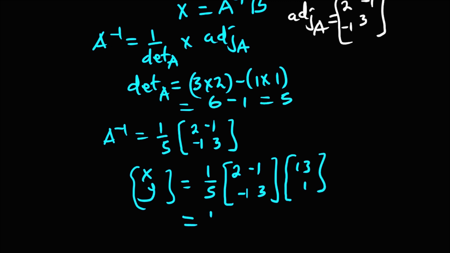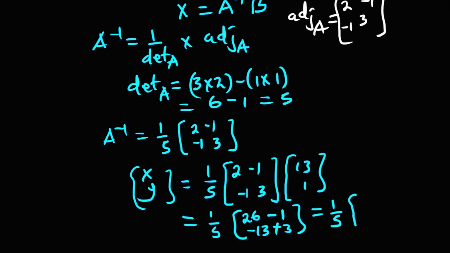So this will be 1 over 5 and then we have 2 times 13, which is 26, plus negative 1 times 1, which is just minus 1. Then you have minus 1 times 13, which is minus 13, plus 3 times 1, which is just 3. So this will be 1 over 5 into 26 minus 1 is 25, negative 13 plus 3 is negative 10.